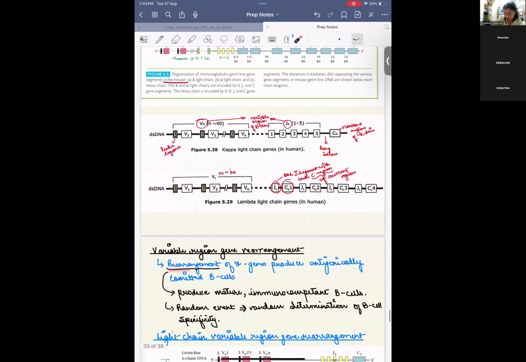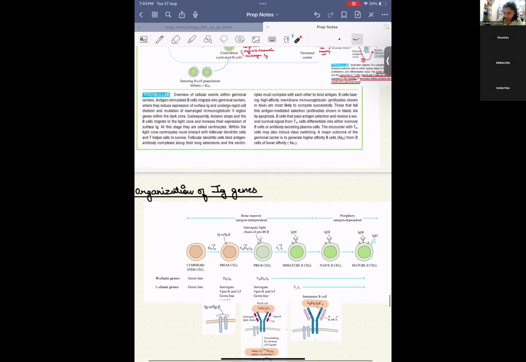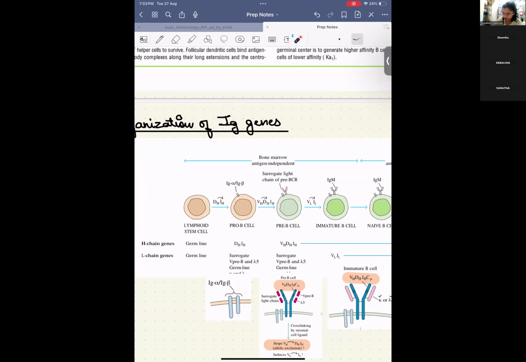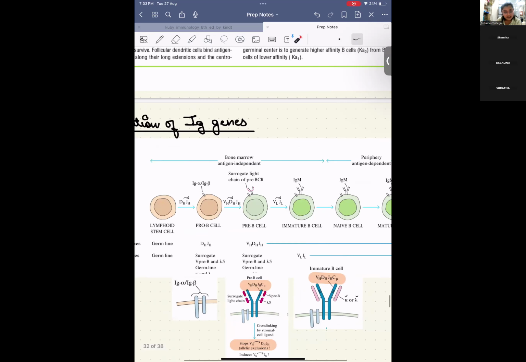If you see here, we have a lymphoid cell which has the D and J chains of the heavy chain coming together into a pro B cell. In this pro B cell, the VDJ recombination of the heavy chain is happening, and that is when a pre B cell forms.